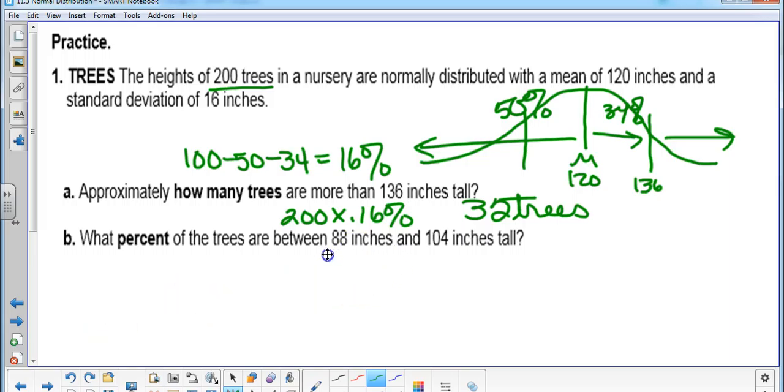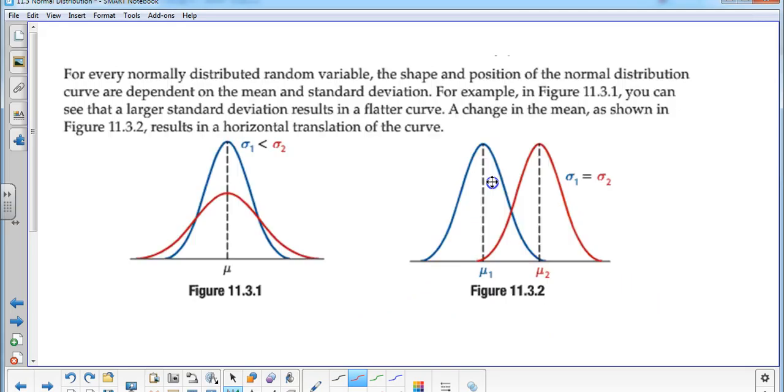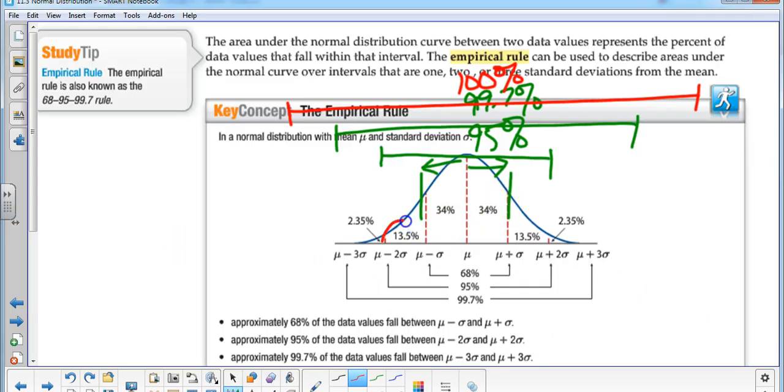Okay, what percent of the trees fell between 88 and 104? Again, they want us to continue to use this rule, the empirical rule. If we take 120 minus the standard deviation of 16, we're at 104. If we subtract 16 again, we're at what? 88. So we want this little piece in here. Yeah, it's 13.5 on the chart, right? If you look at the actual picture here. Right in here.